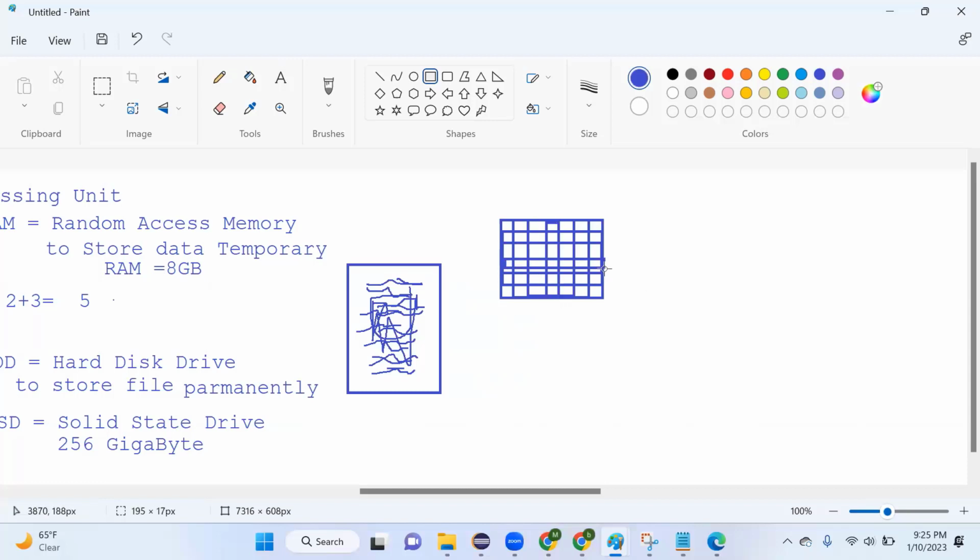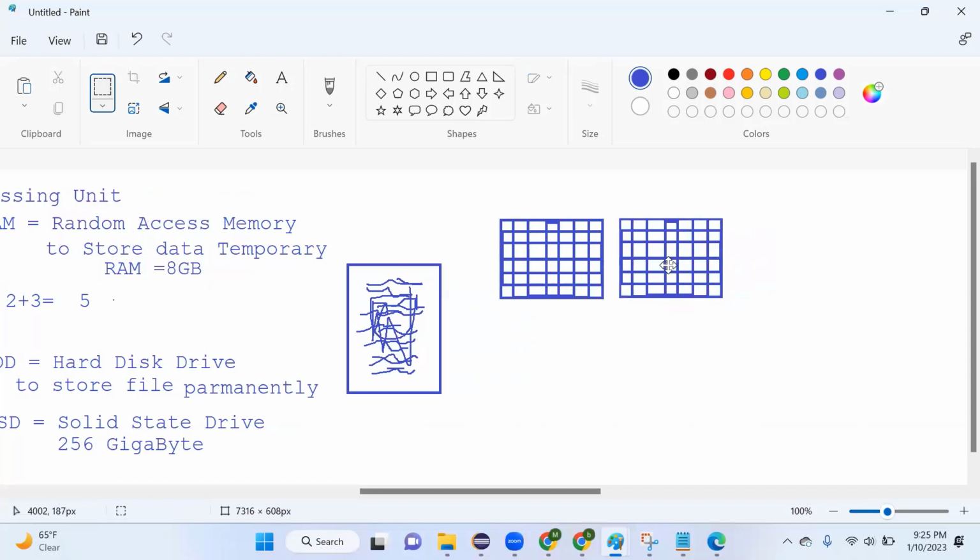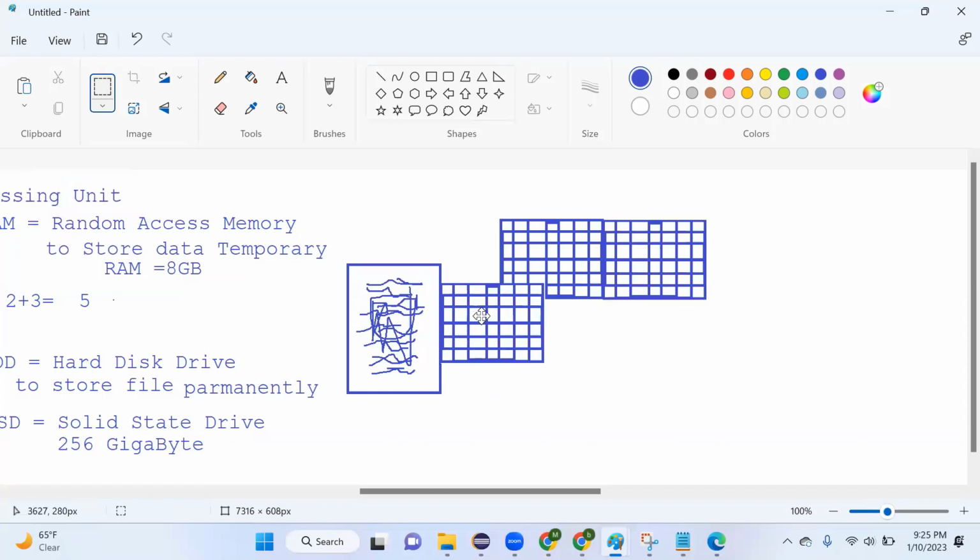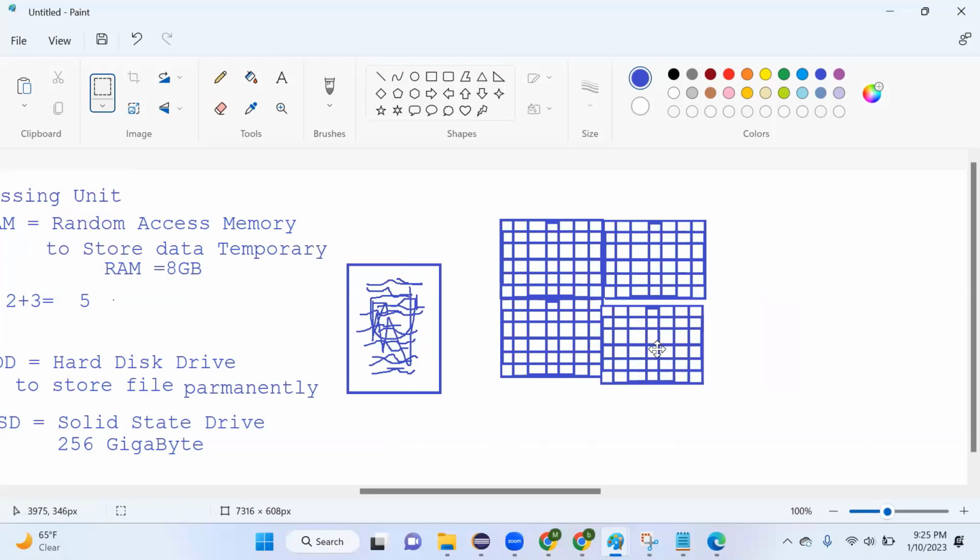Suppose you have lots of cubes, and suppose you have a very big space. How can I measure this space? Suppose this is your office space.